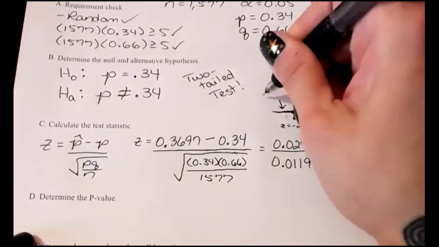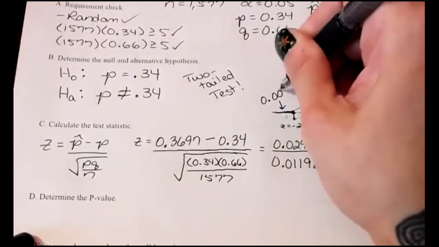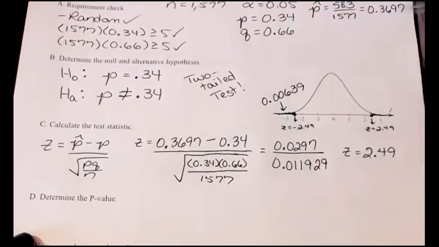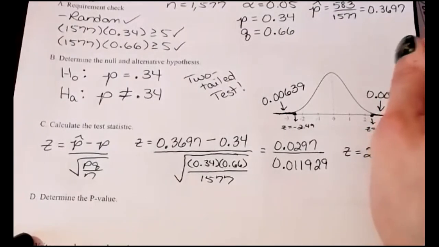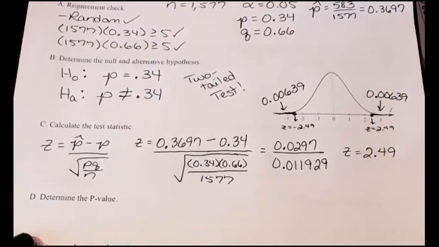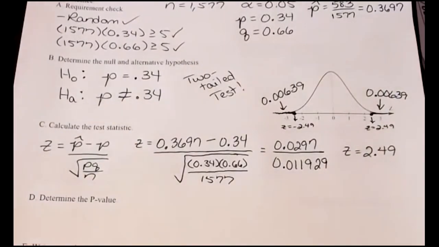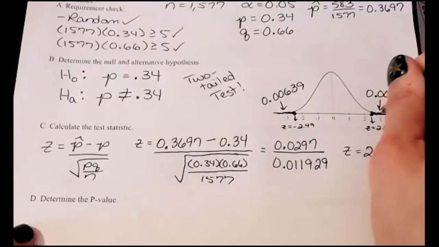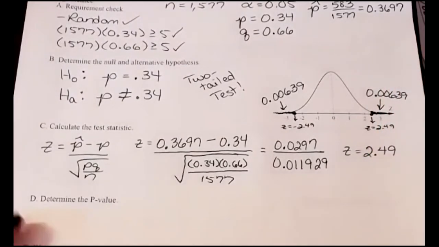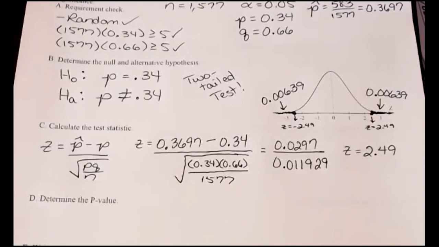Yes. 0.00639, which means the area above is going to be the same. They're identical. It's symmetric about the mean, so they have to be the same. I'm going to make my squigglies look the same. Perfect.